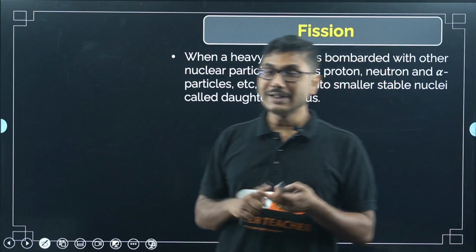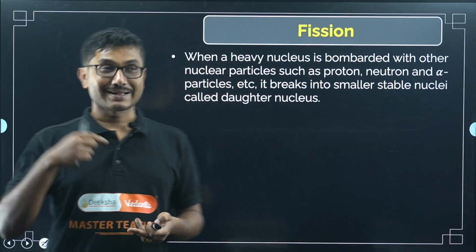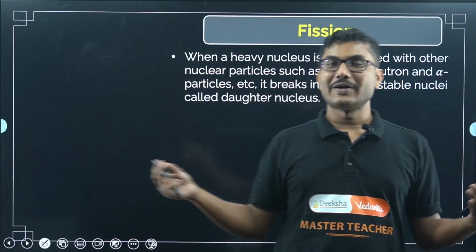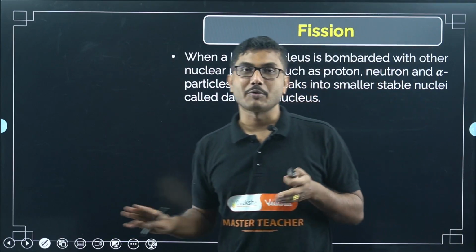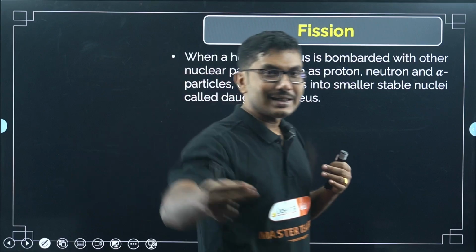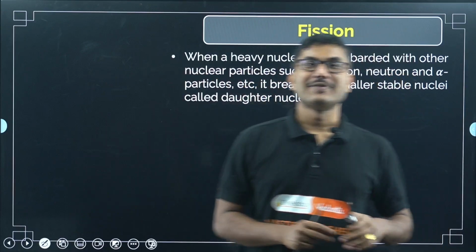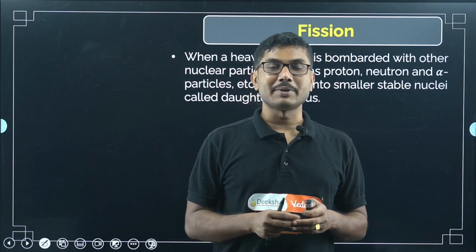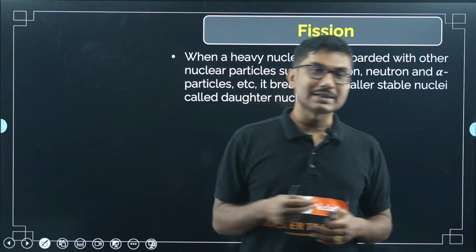Alpha decay, beta decay, gamma decay are natural processes. All of them are natural processes. As you have seen, gamma rays are coming out, alpha rays are coming out, even beta rays are coming out.